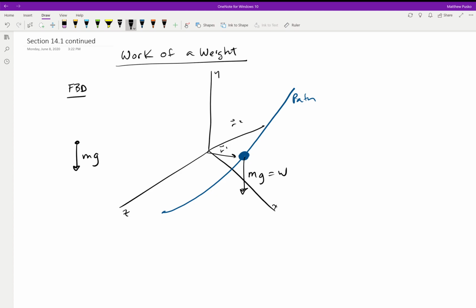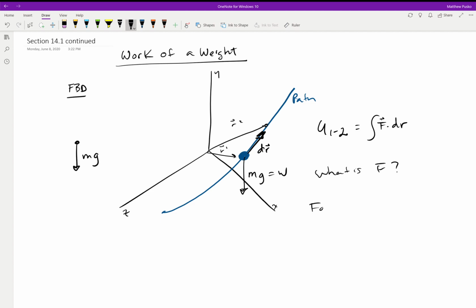On this path, it's going to be traveling tangent to the path, undergoing infinitesimal displacements dr, getting from R1 to R2. So if we want to find the work from 1 to 2, we found that we can integrate f dotted into dr. Well, what is f first?